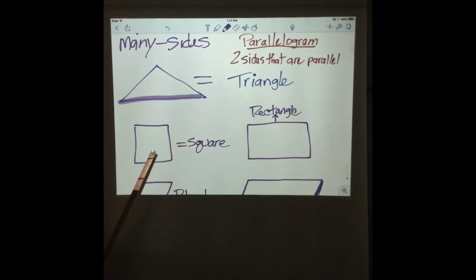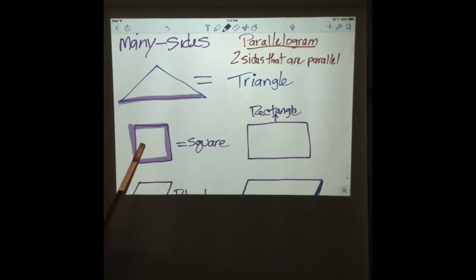Okay, so let's look at this square. We all know what a square is. Is this a polygon? Yes. Why? It's got multiple sides. It's many-sided. Is it a quadrilateral? Yes. Well, it's got 1, 2, 3, 4.